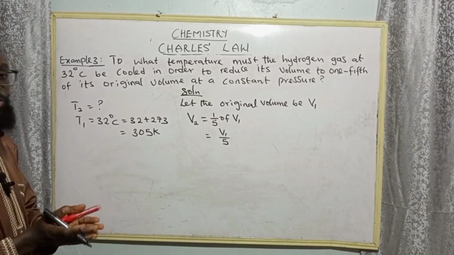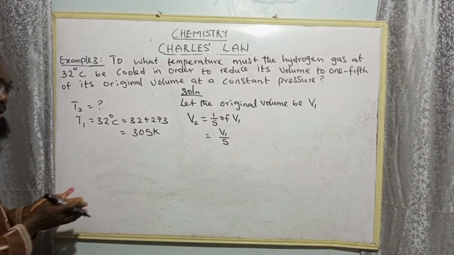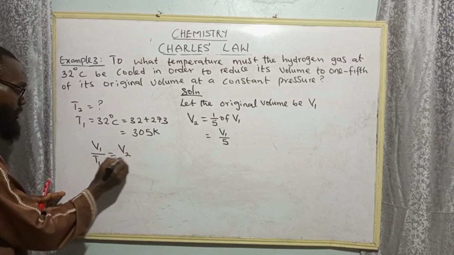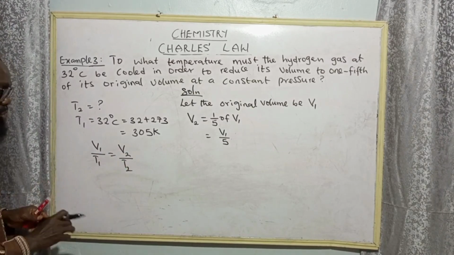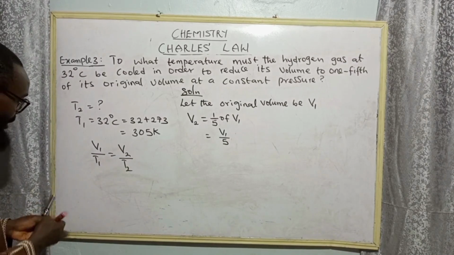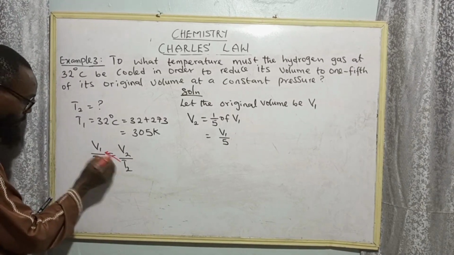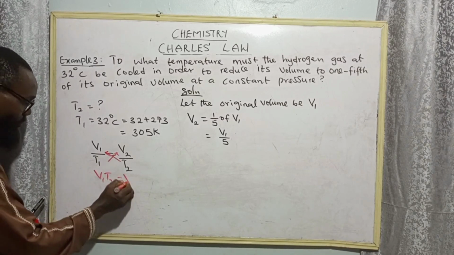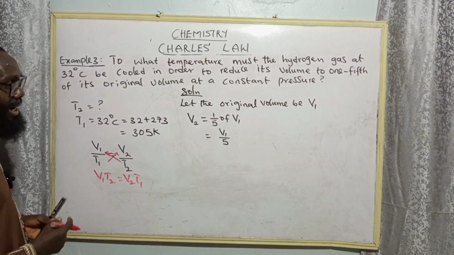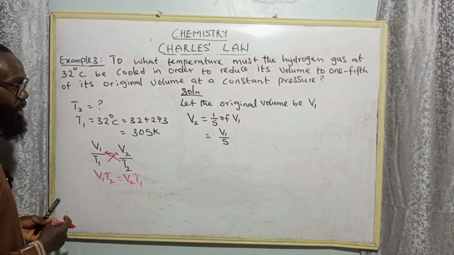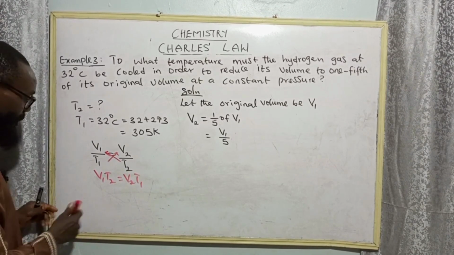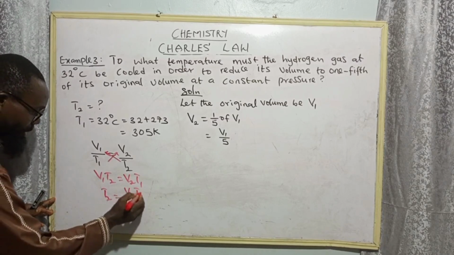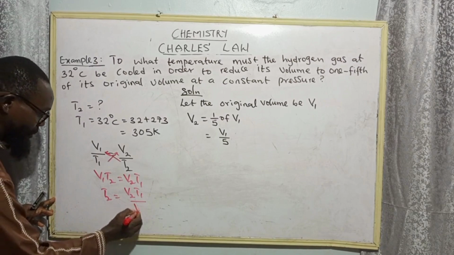Since it's at constant pressure, using our Charles' law, V1 over T1 equals V2 over T2. To calculate our T2, let's cross multiply. V1 T2 equals V2 T1. I need to calculate my T2, so T2 equals V2 T1 divided by V1.